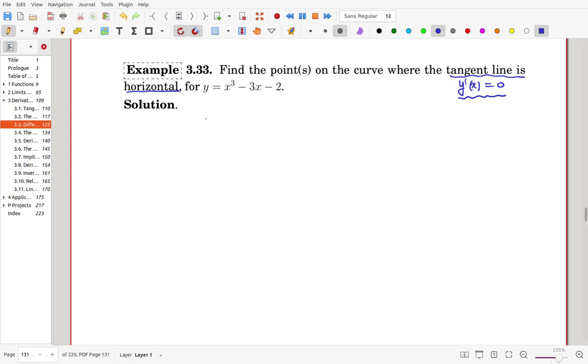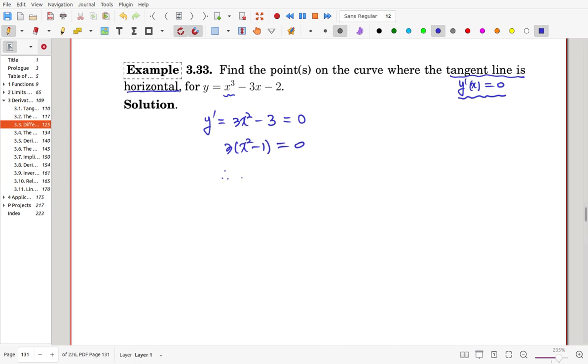Okay, let's try to get y prime. That's 3x squared from the first term, and from the second term we have minus 3. So we set it equal to 0. Then 3x squared minus 1 equals 0.